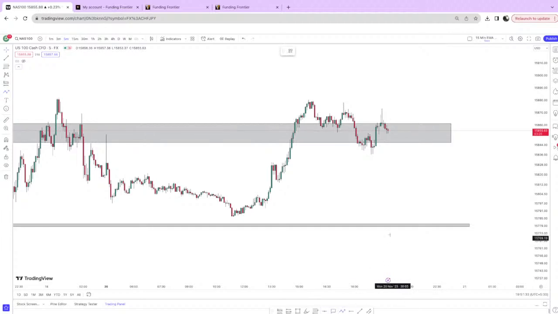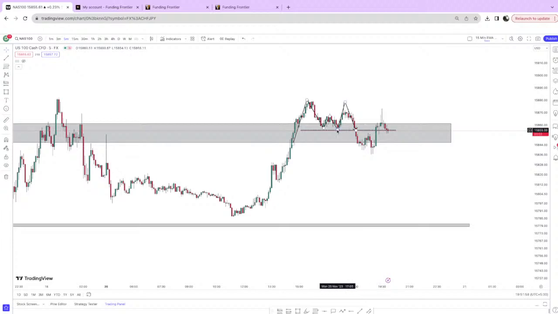Let me explain it again clearly. You can see this is almost a short of head and shoulder, and this is the neckline.